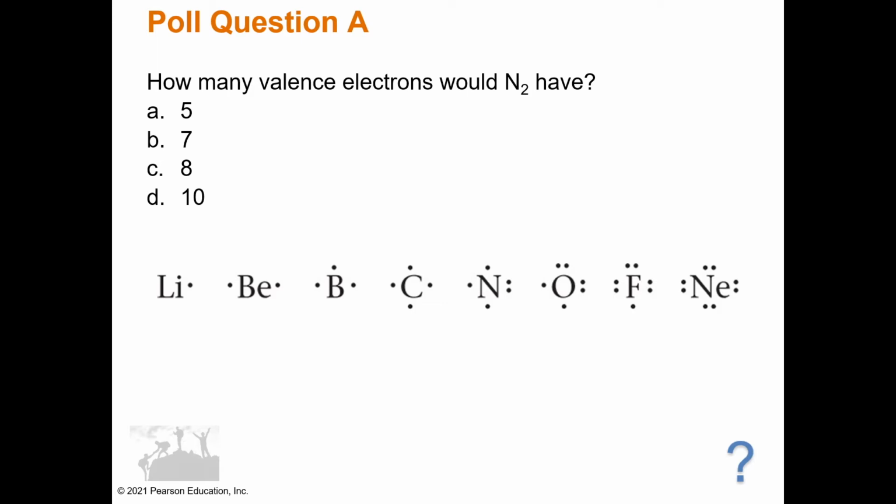A couple of slides ago, we saw that oxygen is found in the 6th column of the periodic table, so it has 6 valence electrons. Now we have N2. So how many valence electrons would N2 have? Go ahead and pause the video, take some time to figure it out, and when you're ready for the answer, click play.